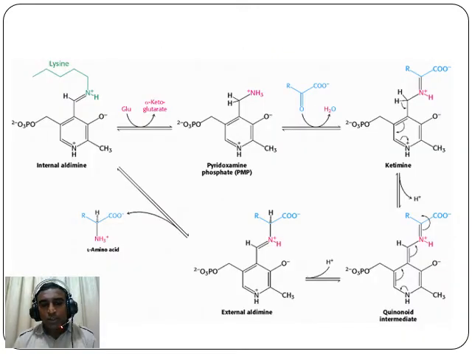So this is the description of the mechanism of the enzyme itself, that is aminotransferase, that's performing the transamination. I will use the highlighter here. So you have the lysine amino acid connected to the protein part, which has not been shown there, together with the PLP.